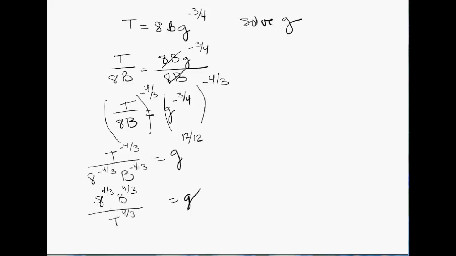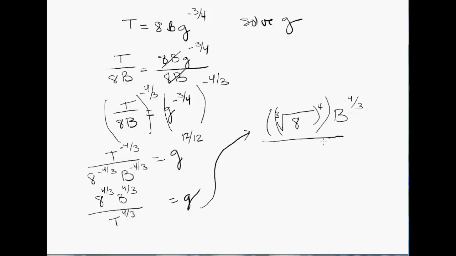Now 8 to the 4/3 power becomes the cube root of 8, raised to the 4th power, multiplied by b to the 4/3 power over t to the 4/3 power.